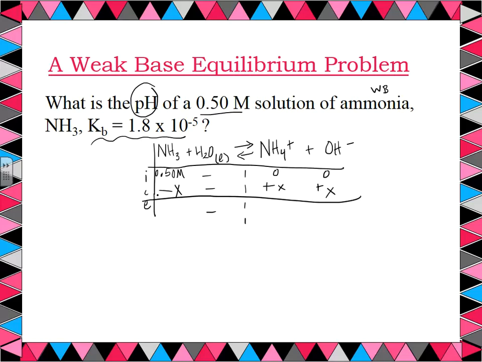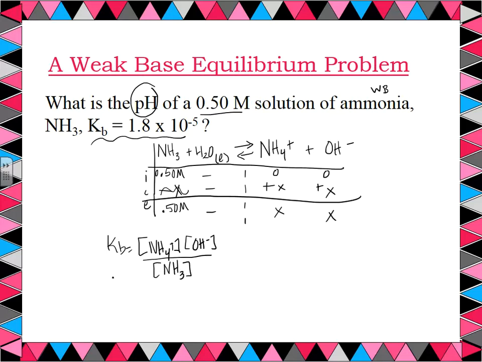Now, remember the 5% rule. If you have an initial amount present here, you can neglect x for your weak acid and weak base examples. So we're going to pull down here 0.50 molar because it's not going to dissociate more than 5% usually, and this will be equal to x and x. So if you write your law of mass action, Kb, you would have the concentration of the ammonium ion times the concentration of the hydroxide ion divided by the concentration of ammonia.